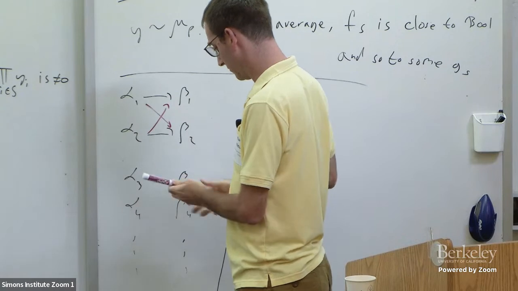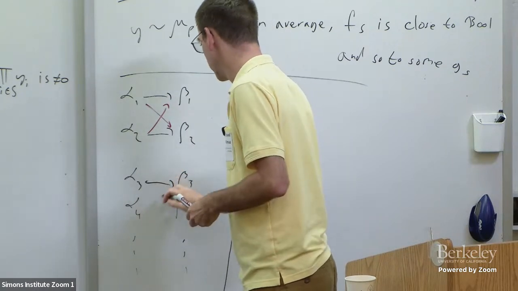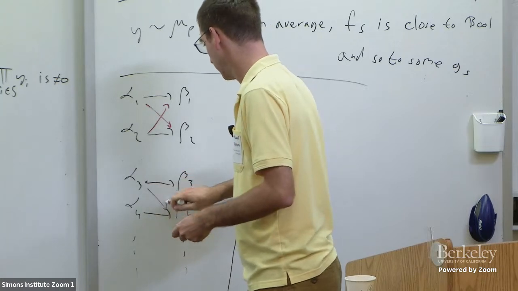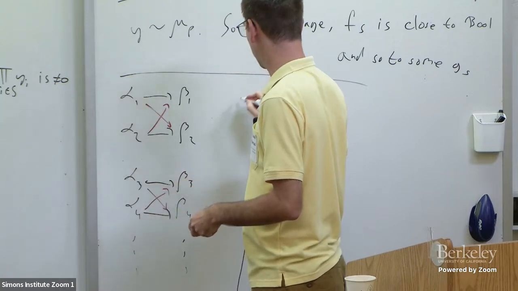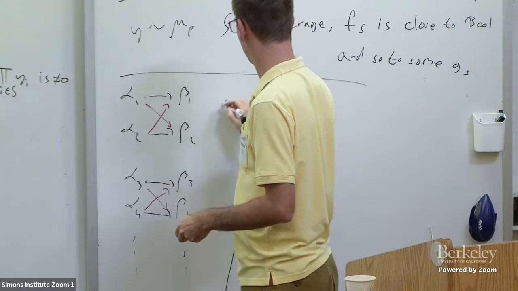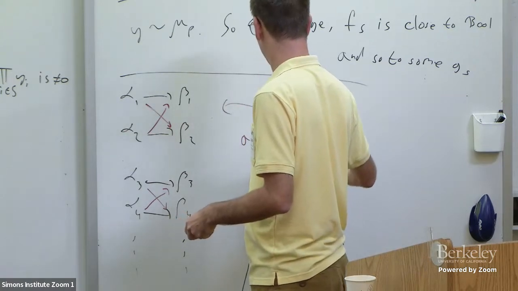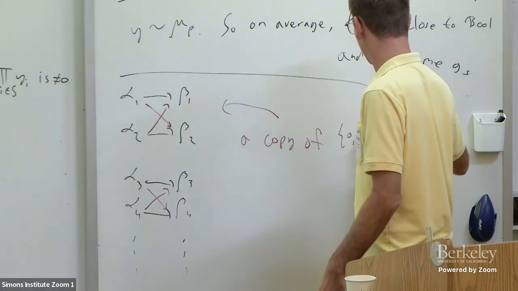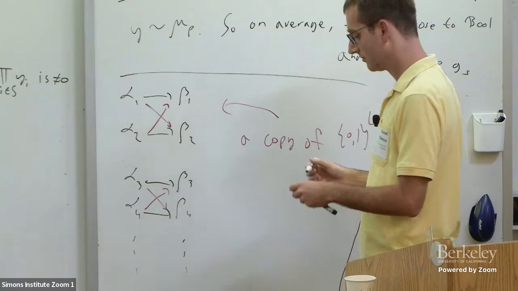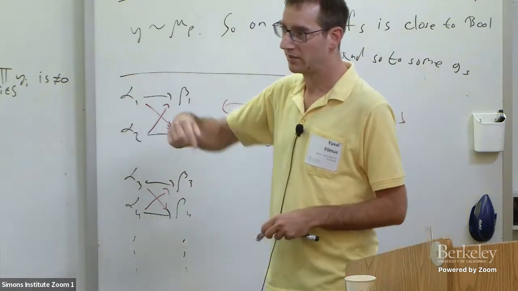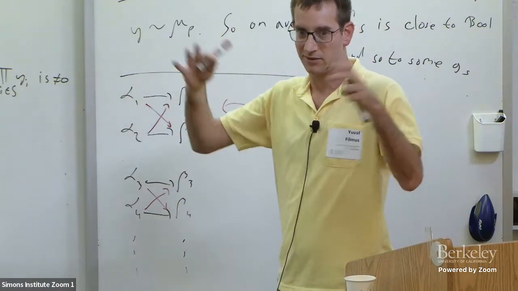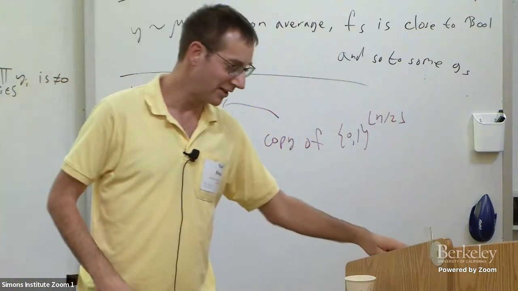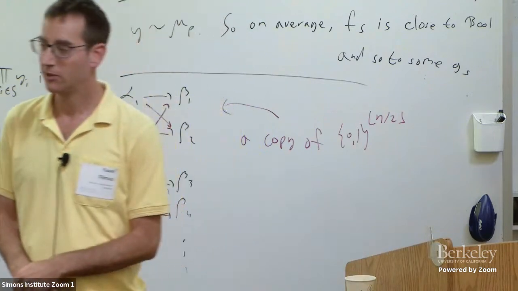And then the same for the next pair and so on. This gives us a copy of {0,1}^(n/2). And now we apply the FKN theorem and it's the same thing. I said it in a few words, but it's a similar idea.